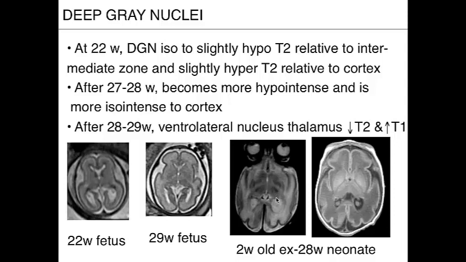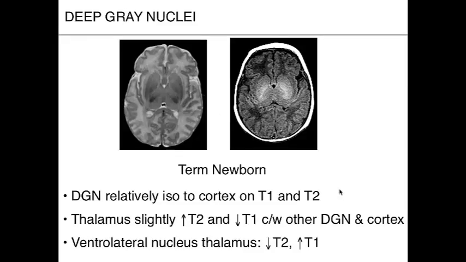And after 28 to 29 weeks, we can also begin to see different areas within the thalamus, and in particular, we can see that the ventrolateral nucleus of the thalamus is hypointense on T2 weighted images and hyperintense on T1 weighted images. And at term, it has a similar appearance, with the ventrolateral nucleus of the thalamus being hypointense on T2 and hyperintense on T1.